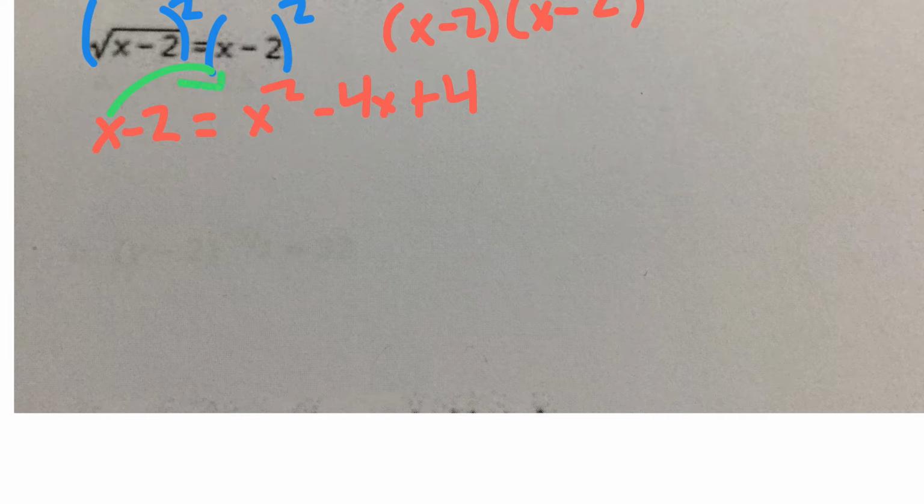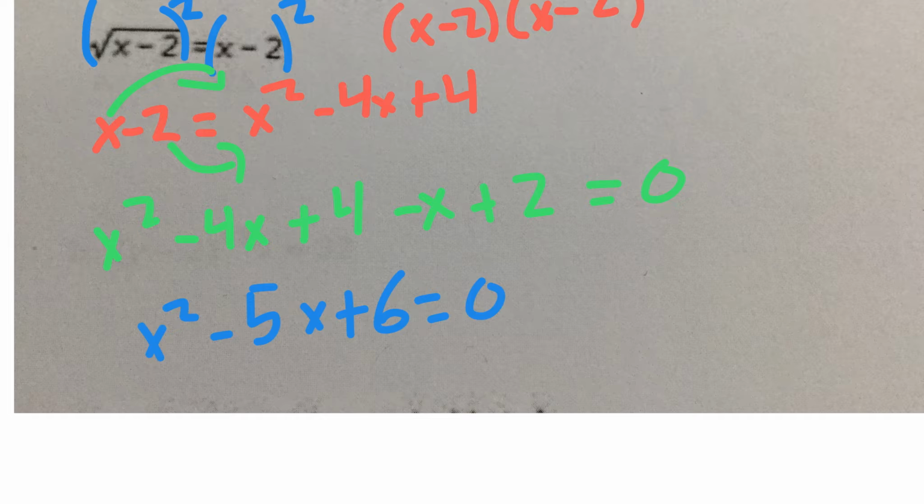I'm going to move stuff this way because that keeps my x squared positive. So that gives me x squared minus 4x plus 4 minus x plus 2 equals 0. And now combine like terms. x squared minus 5x plus 6 equals 0.